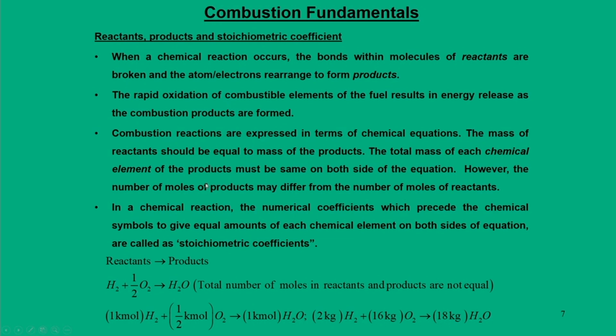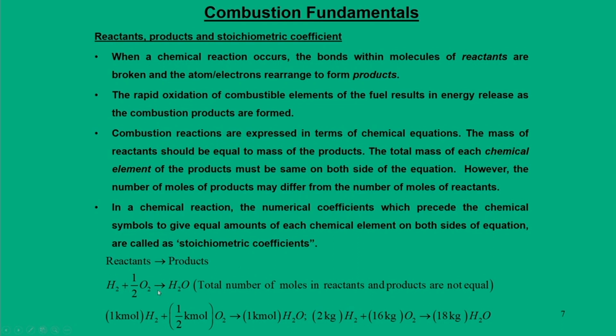All the combustion reactions are expressed in terms of chemical equations, and just as mass balance is applicable for thermodynamic analysis, the mass of reactants and the mass of products should be equal.